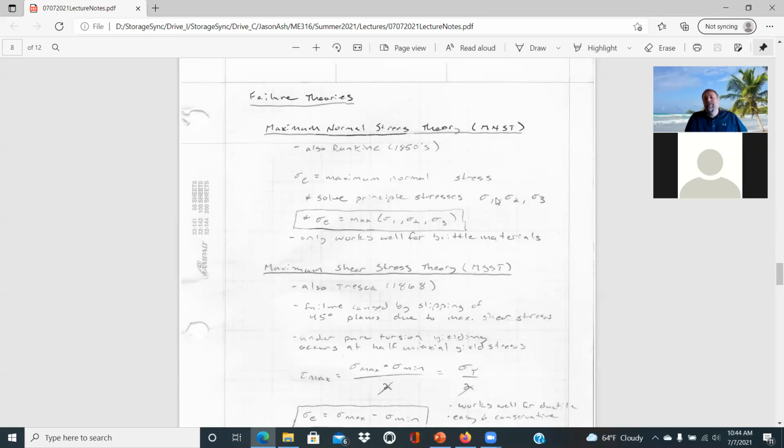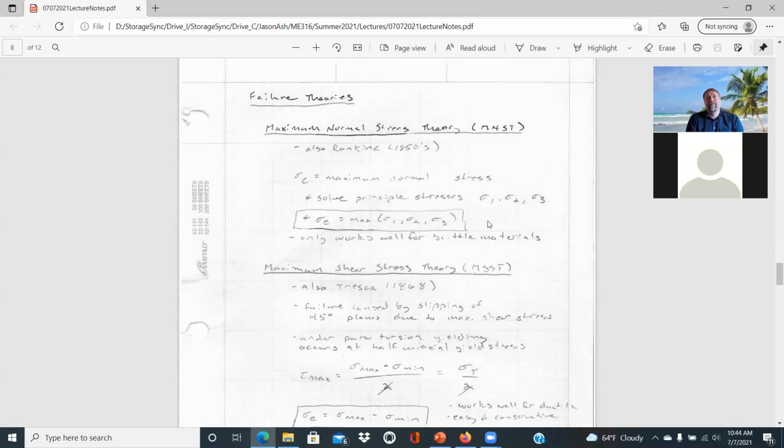So solve for your principal stresses, sigma 1, sigma 2, sigma 3, and whichever is the maximum value of that. And that's from an absolute value standpoint. So if you have a sigma 1 of 10 and a sigma 3 of minus 20, it would be that minus 20, or 20 megapascals. That would be the equivalent uniaxial stress.